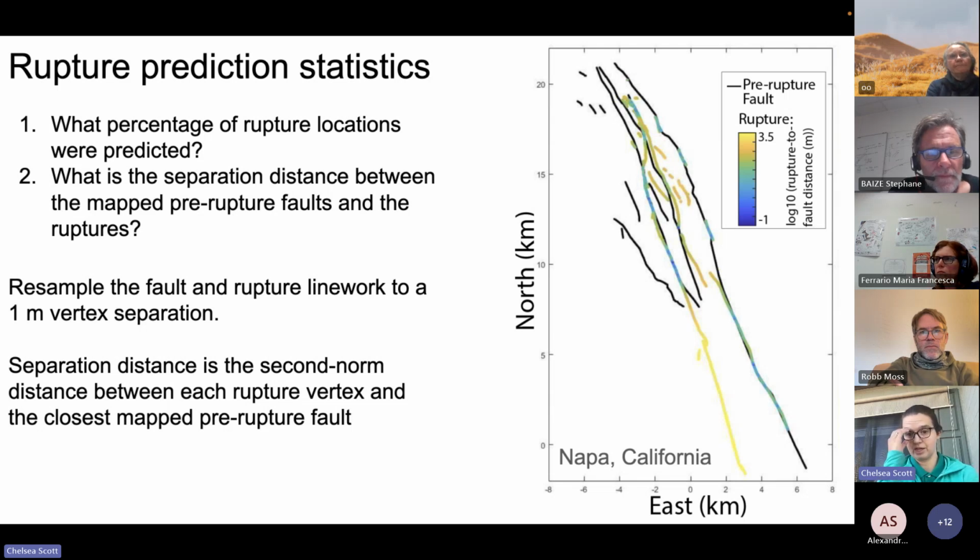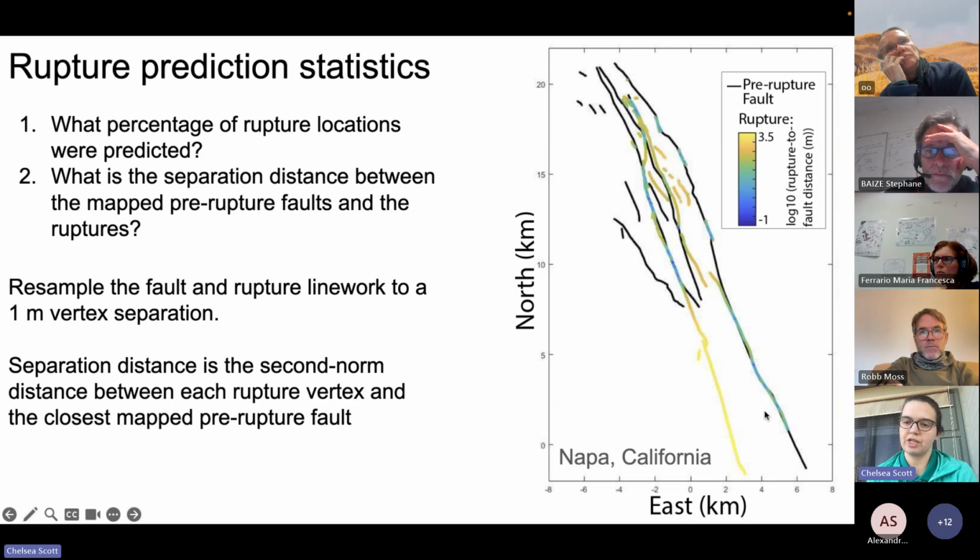And so on the right, you see an example of this analysis for the Napa earthquake, where the black shows the mapped pre-rupture faults, and the blue to yellow shows the coseismic ruptures that are colored by the distance between that rupture and the closest pre-rupture fault.